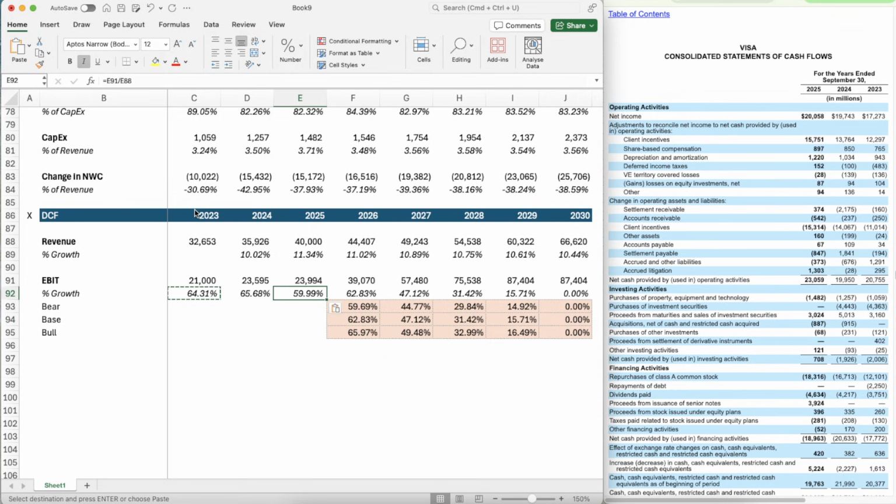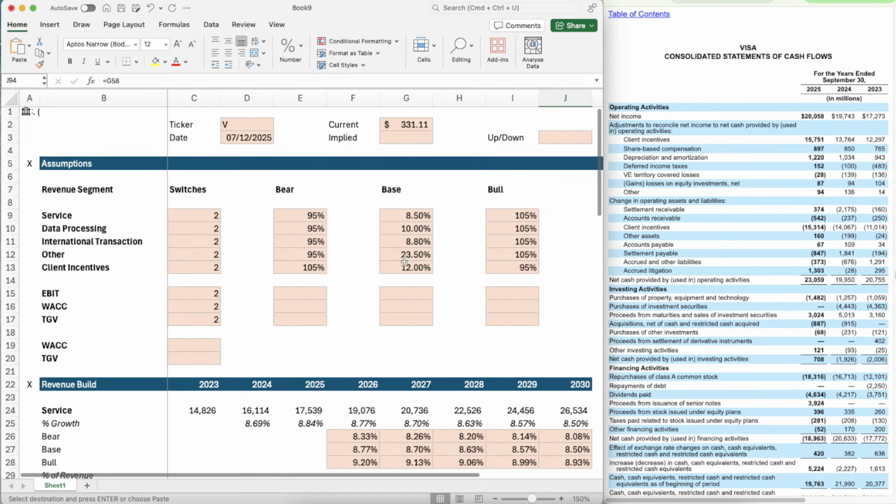I mean, 2025 is significantly lower. Let's say it settles at 63. 60.